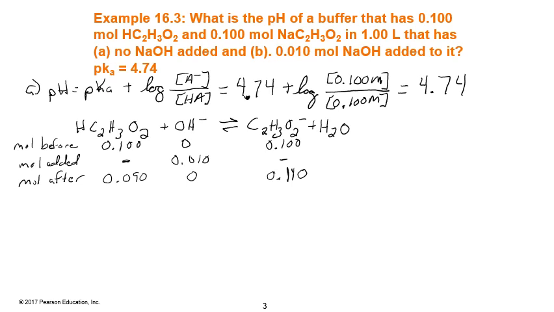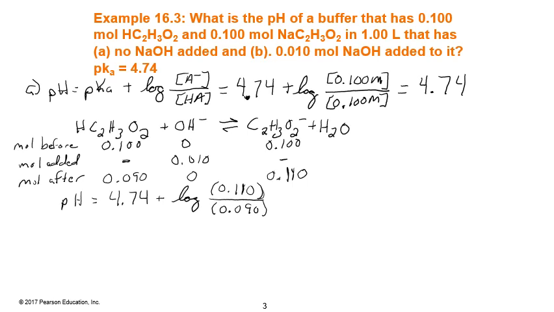So now, after our reaction, we can look at our Henderson-Hasselbalch equation again. We have the pKa plus the log of the basic form divided by the acidic form. So it's no longer 1 anymore.